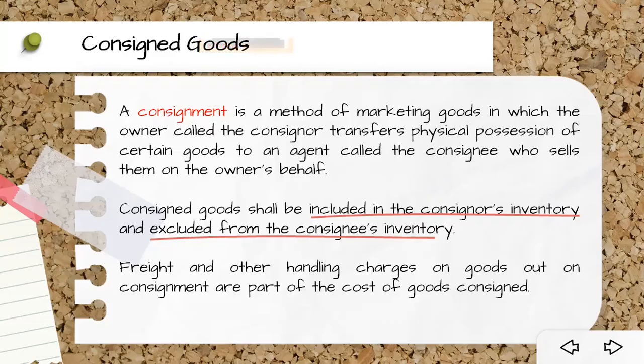But of course, kapag ikaw ang consignee, dapat i-exclude mo yon from your inventory. So, pag ang statement ay goods held on consignment, so ikaw yung consignee doon. So, therefore, you have to exclude that from your inventory kasi hindi mo yan pagmamayari. Binilin lang sa iyo. Freight and other handling charges and goods out on consignment are part of the cost of goods consigned.